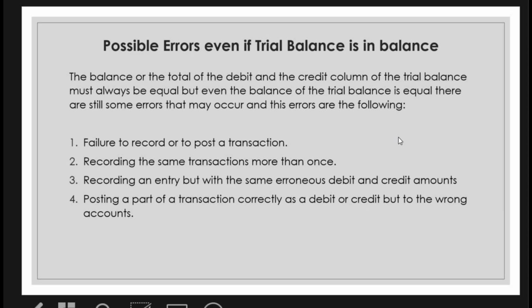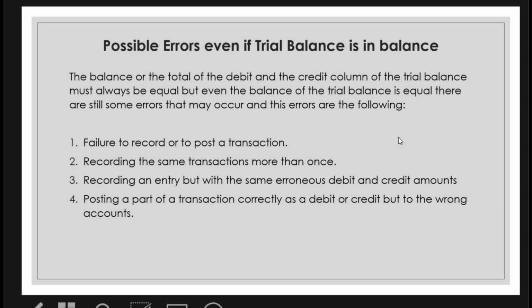So, first, no, it could be a failure to record or post a transaction. So, ibig sabihin, isang buong transaction, hindi mo na record sa general journal. So, that's an error of omission, no? Completely omitted yung isang transaction. So, kahit balance yung trial balance mo, kasi merong transaction na hindi na record, meaning it's not complete.